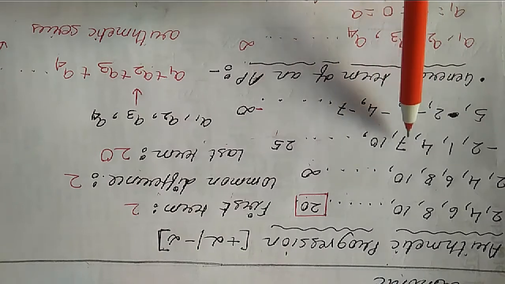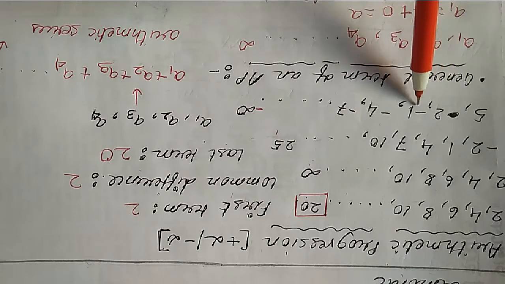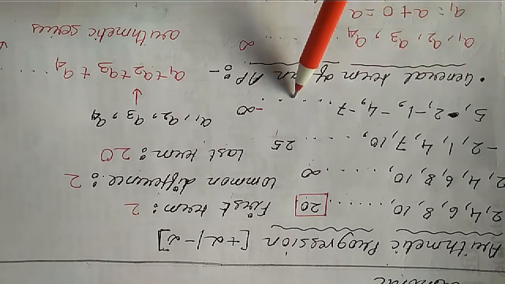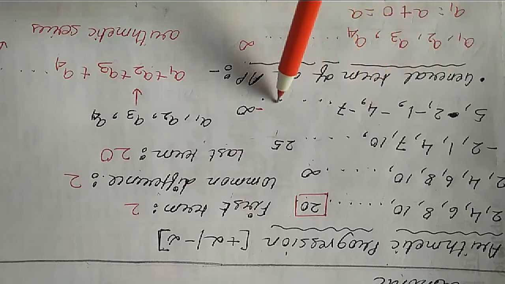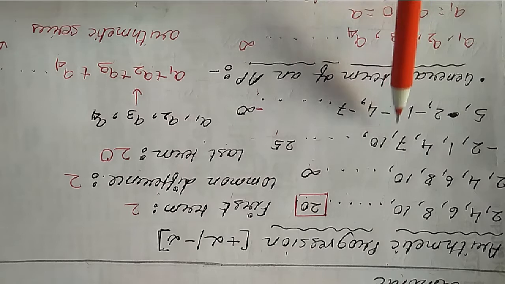Now, consider this progression. 5 minus 3 is 2, 2 minus 3 is minus 1. So we get this progression starting from 5 and reaching down to minus infinity. These are two very simple progressions.